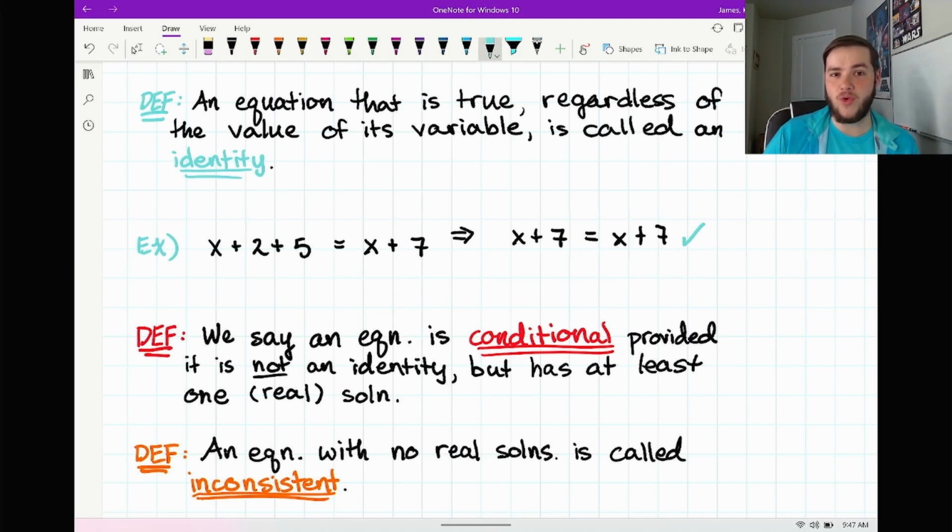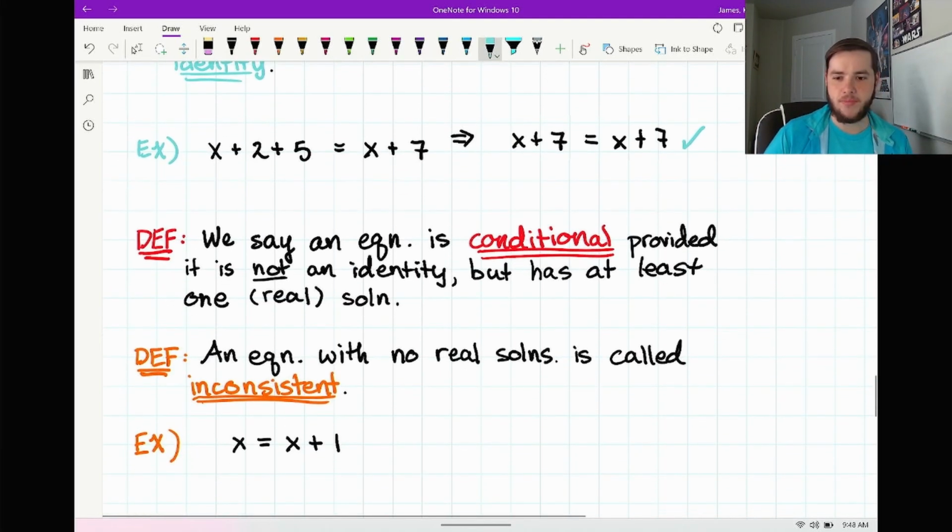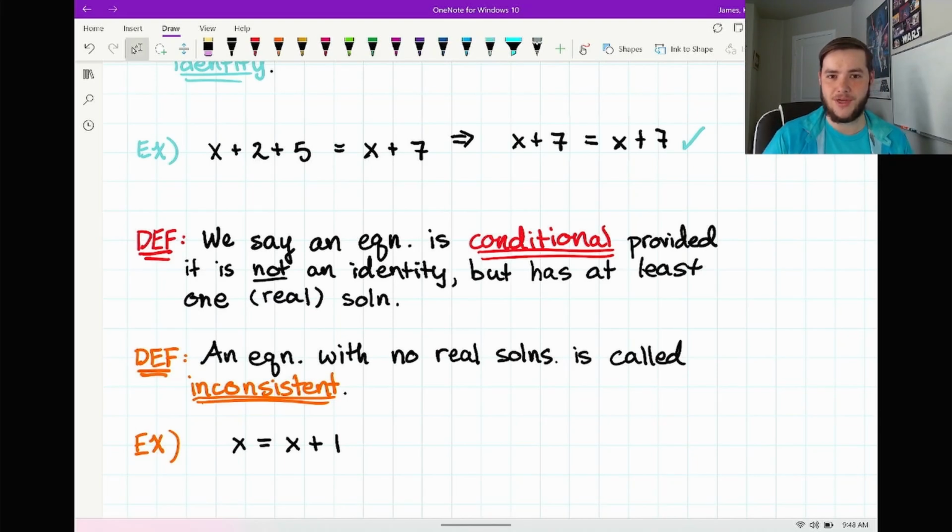All of the problems we have looked at so far are called conditional equations. That means that it's not an identity, but it does have a solution still. However, there are some equations that don't have any real solutions, and we call those ones inconsistent. Here's an example of an inconsistent equation.